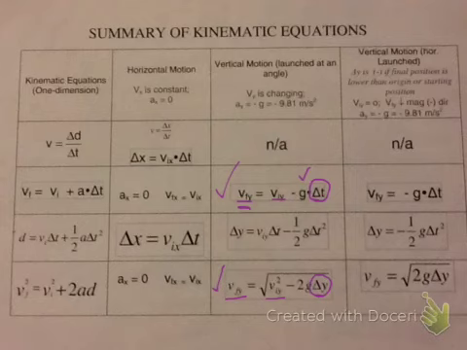But since we know that they started at the same height and landed at the same height, this becomes 0. This equation boils down to being just equal in magnitude, but the square root function can give you either a plus or a minus. So we have to choose the minus sign since your object is moving downwards.